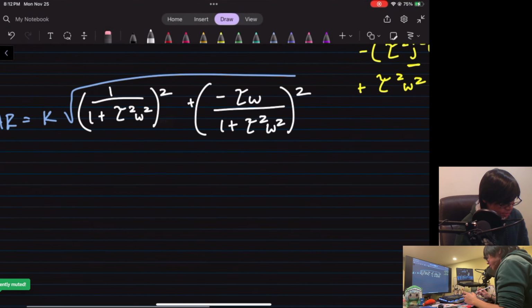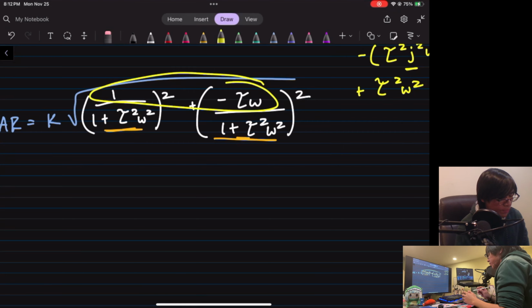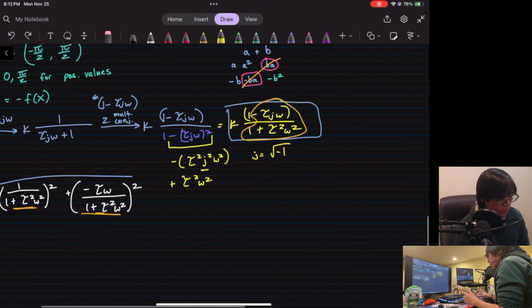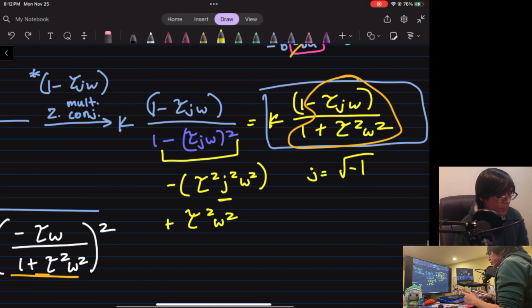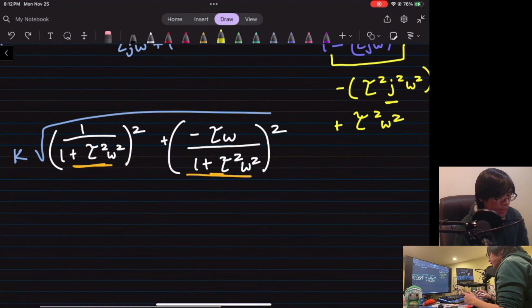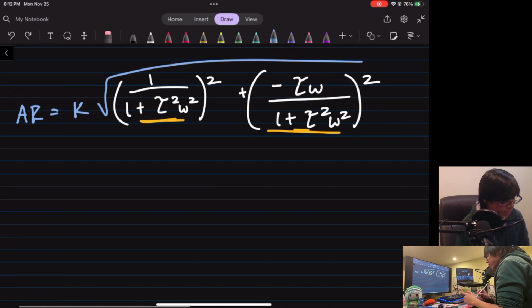So you'll notice that the denominator for both of these terms is in fact being squared and square rooted, and we can actually add the terms up top and keep them in the same form we had over here at the end of our substitution and multiplying by the complex conjugate. So we can actually factor out that denominator, so it becomes k over, maybe I'll keep the k out.